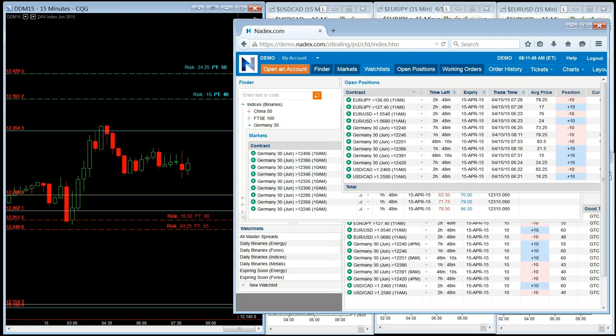Now I need to update my spreadsheet, and I'm going to do that real quick. I put in another order on the Germany. It's 10. The risk on that one was $391, $15. So that's no, that's the wrong one. 386, 21.50.